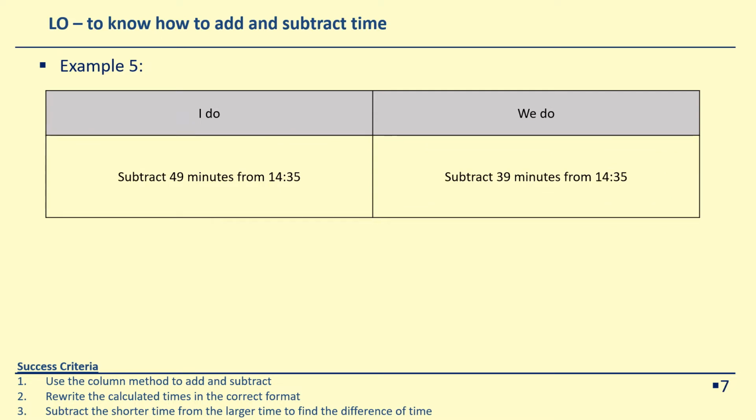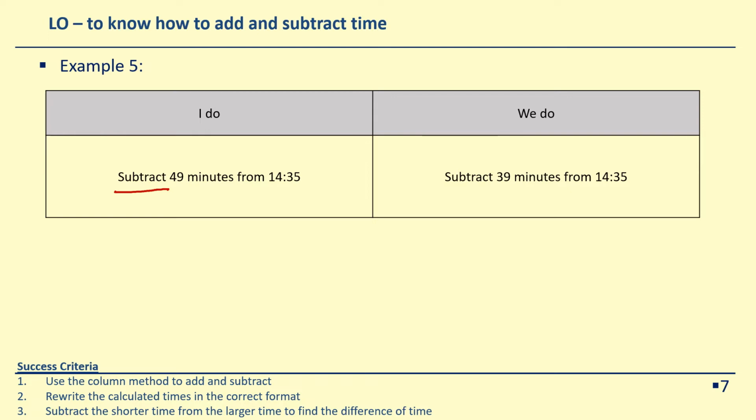Okay, year 8. So we're subtracting again. See that we're going to exceed our 60 mark. I'm going to show you now when that happens how we work that out in our column, and it's a little bit different to just your normal subtraction.